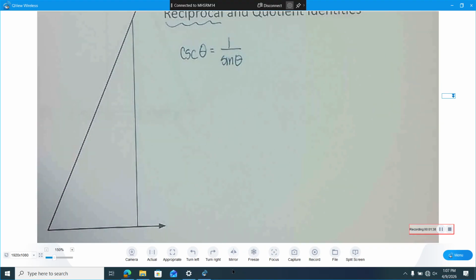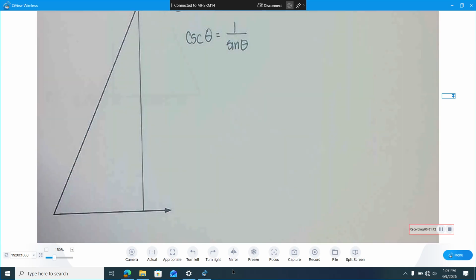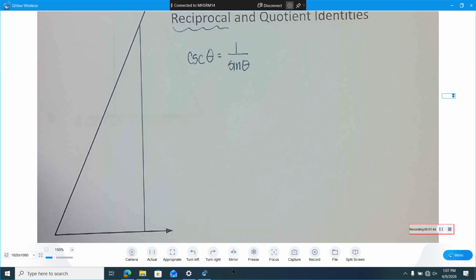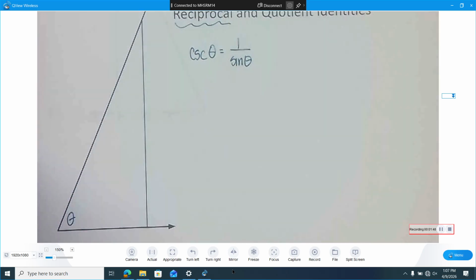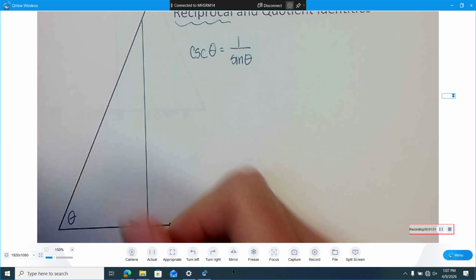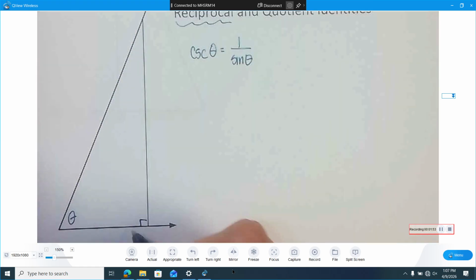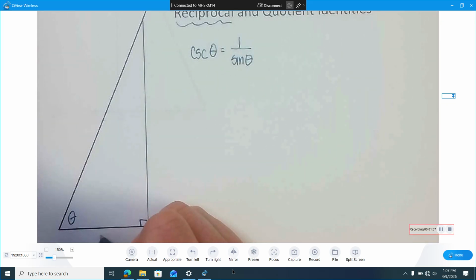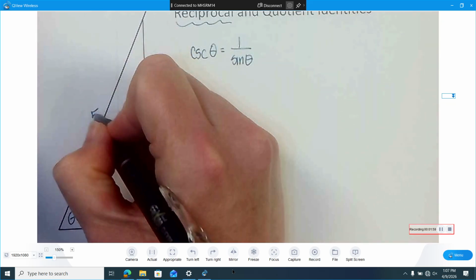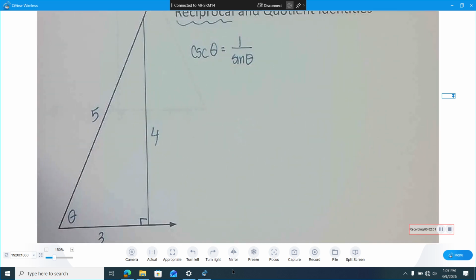Okay. And just so I can show you why, I have this giant triangle here, which clearly didn't need to be that big. We'll pretend that we have some angle theta here. So this is our angle theta. And I have my little right triangle right here, and it's going to be a 3, 4, 5 triangle, okay?